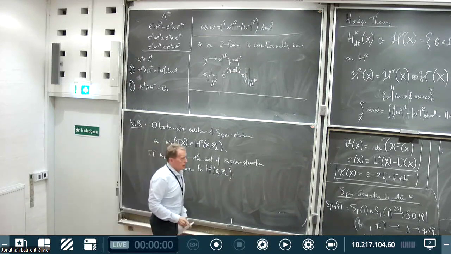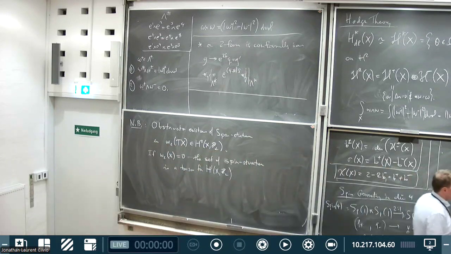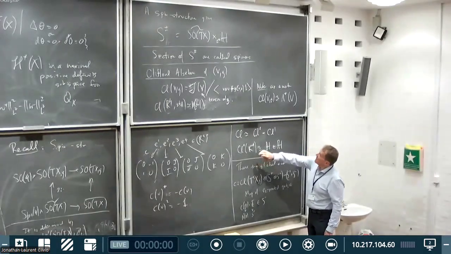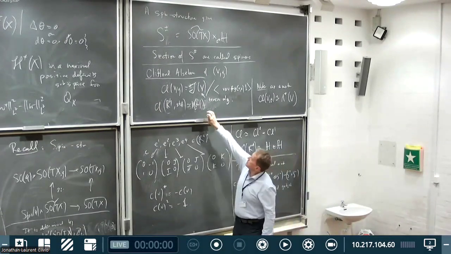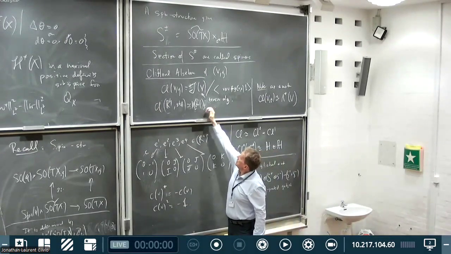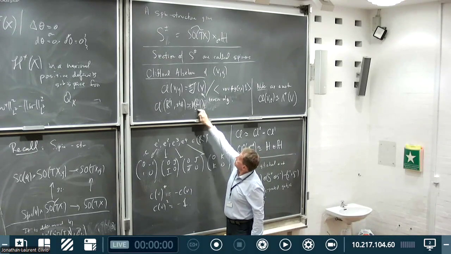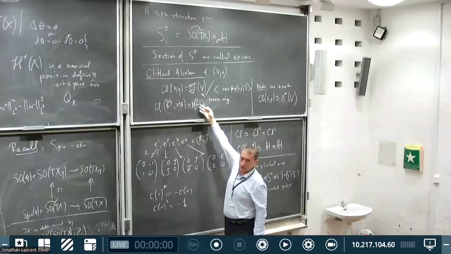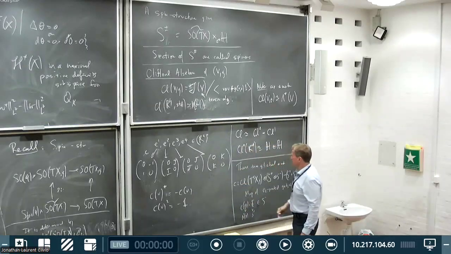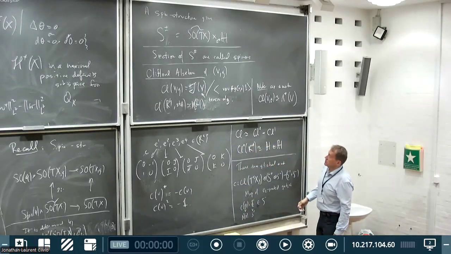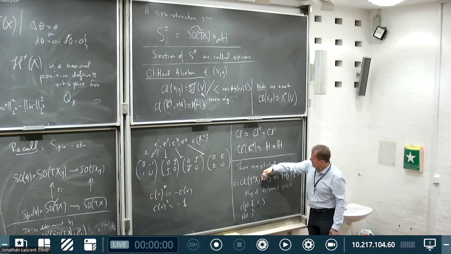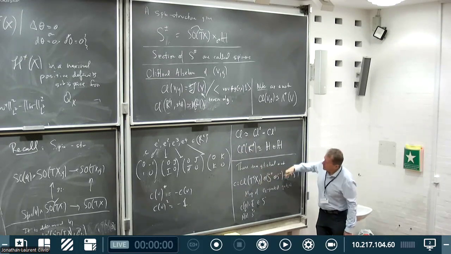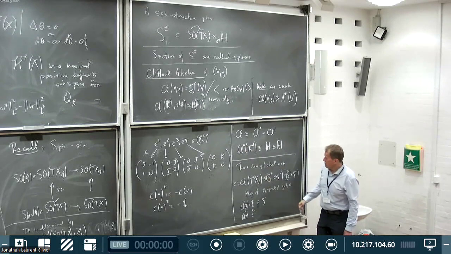Concretely, you can see that from this picture. One thing to notice is that this being a matrix algebra, it has a unique irreducible representation coming from its action on combinations of quaternions. This action is very rigid.